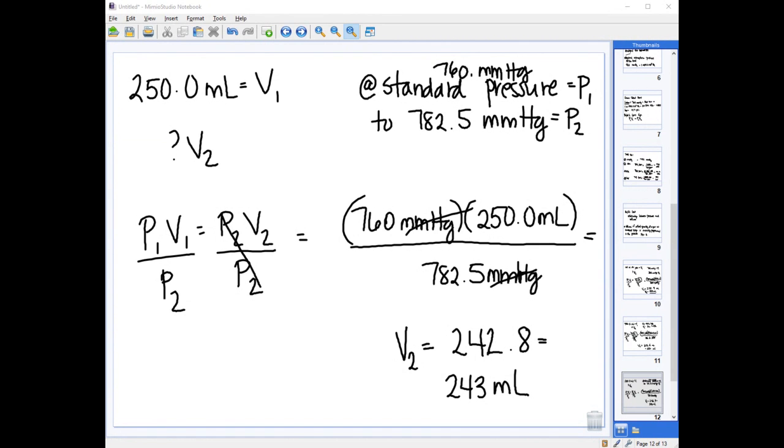So key thing to remember here, pressure and volume are inversely related. As one goes up, the other goes down. So if we increase pressure, we decrease volume. If we increase volume, we decrease pressure. So P1 V1 equals P2 V2.